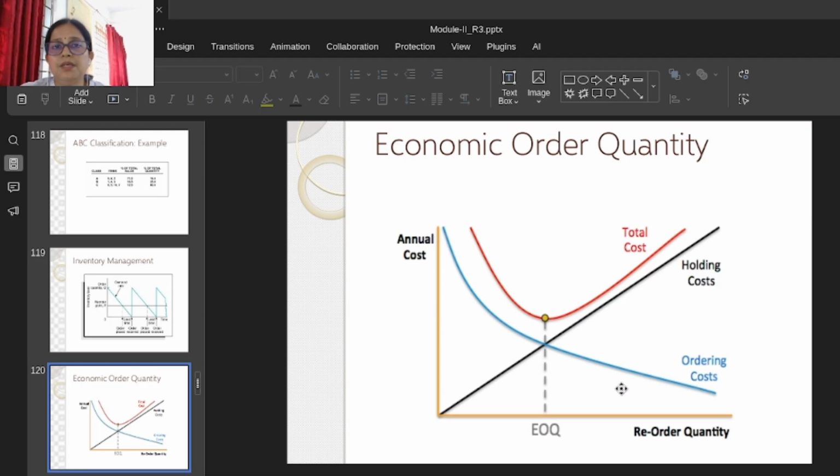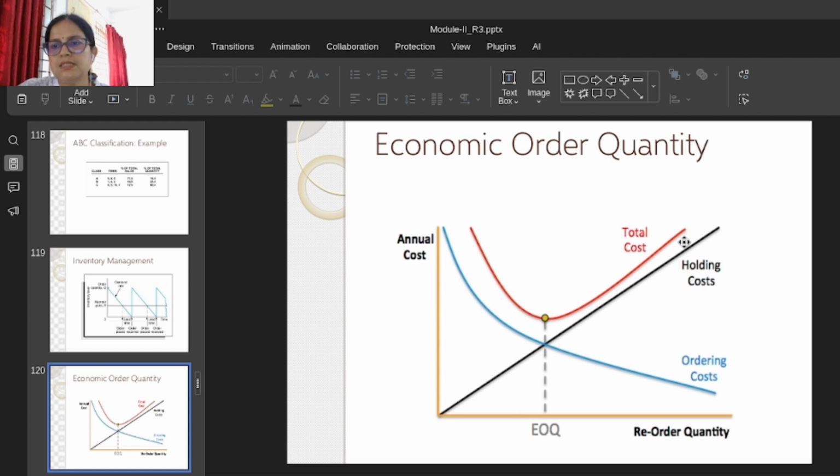Because when we always order in a mass scale, the transportation cost, the ordering cost, meaning placing the order, all the documentation part, all the processing part, whatever we do, the cost is less. So that's why if the quantity is large, cost is less. If the quantity is less, cost is high. This is the ordering cost curve.